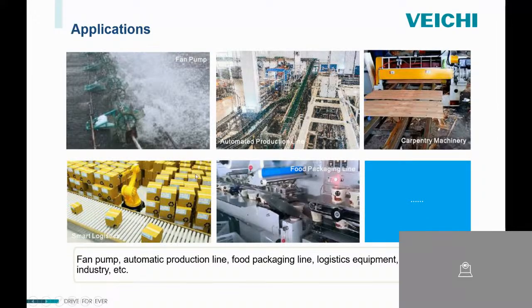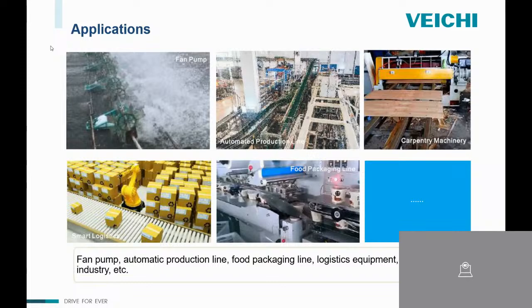And now let me introduce with you some application fields where we usually use our AC10 series VFD. AC10 series VFD can be used in many kinds of sectors such as fan, pump, and automatic production lines like different kinds of conveyor belt, and carpentry machineries or woodworking machineries.